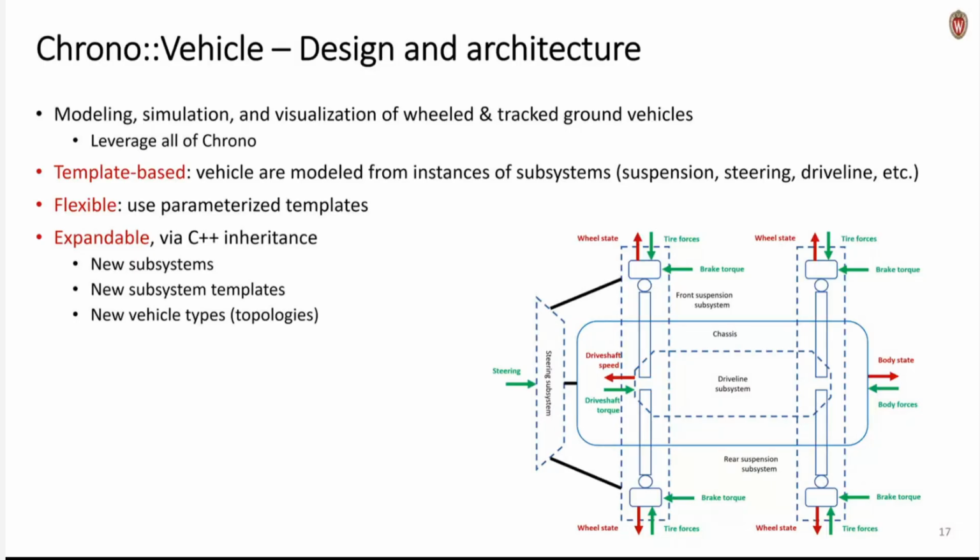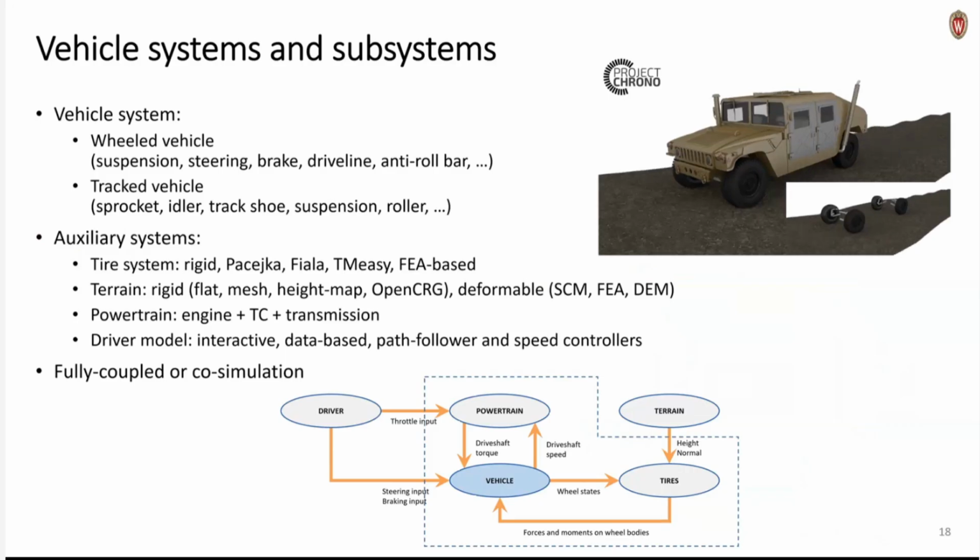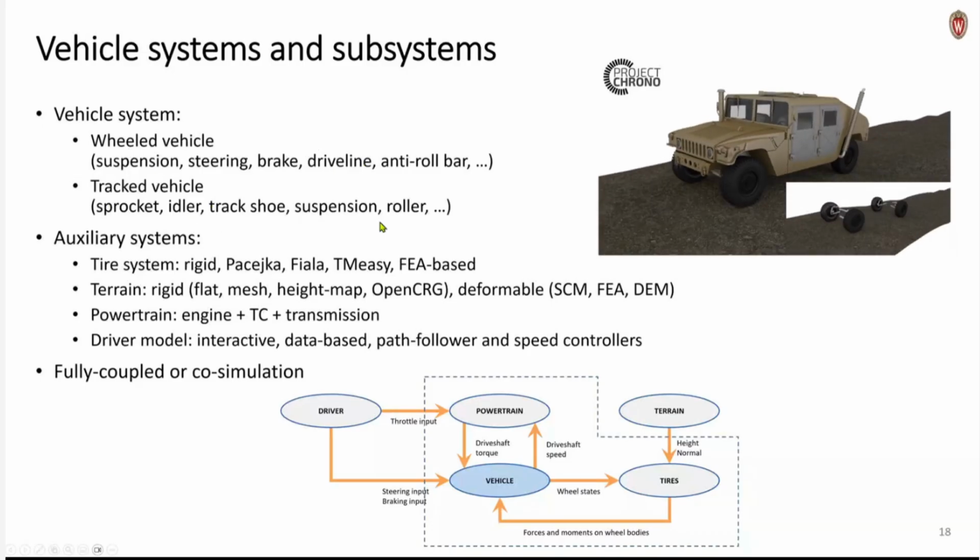So you can change in a particular template all the masses, inertias, geometric dimensions, specification of force elements, and so on, so that that particular subsystem now matches the one on the vehicle that you want to simulate. There are a bunch of types of vehicles and vehicle subsystems for wheeled vehicles and tracked vehicles. These are all different templates.